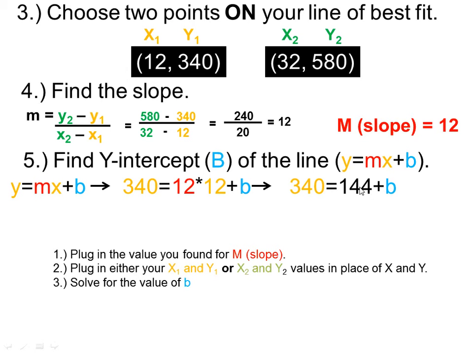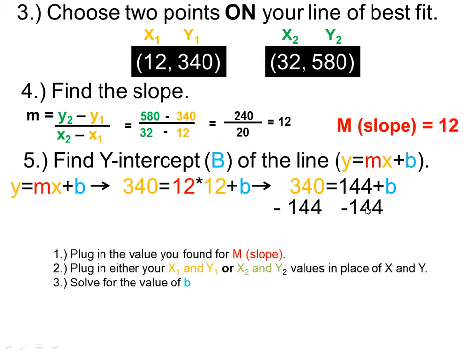Now we need to get b by itself, since it's the lone variable. To do that, I need to subtract 144 from both sides. Whatever you do to one side of an equation, you can do to the other. That's what's going to get b by itself. Since this is 144 plus b, we need to do the opposite of the 144, which is subtracting it.